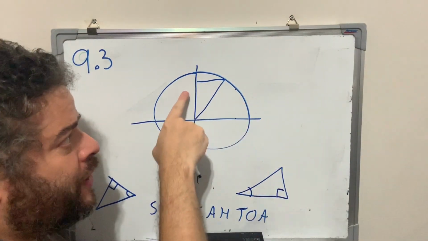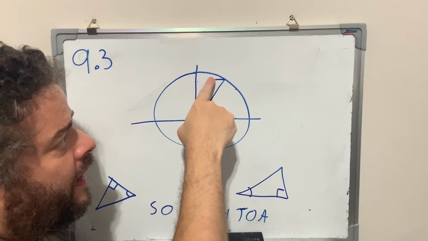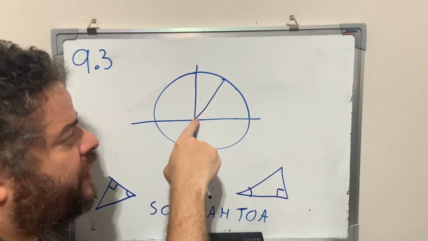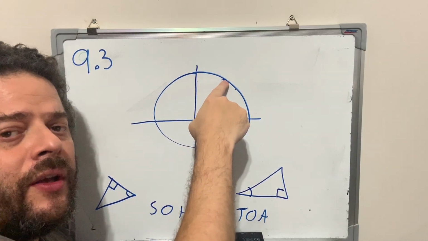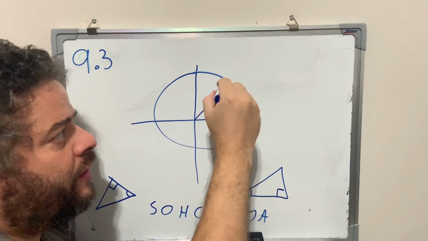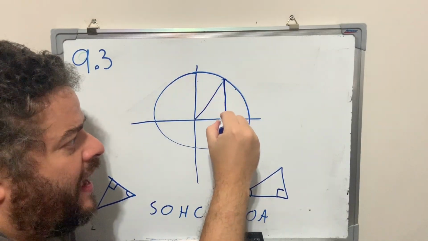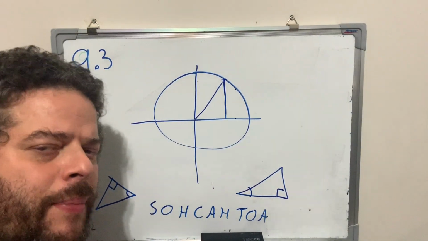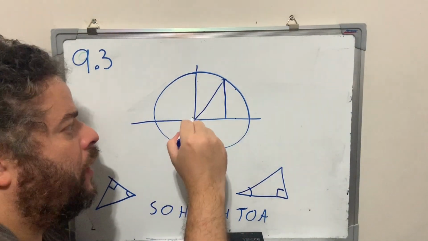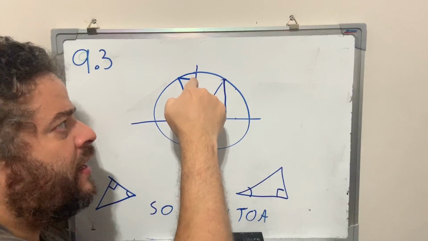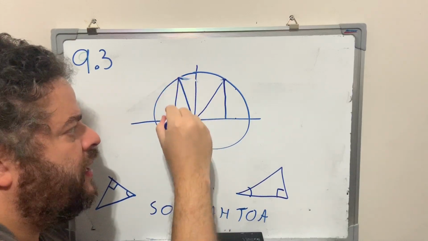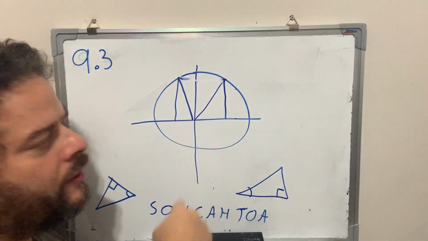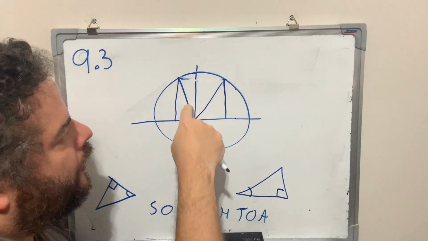We always go from the center to the circumference of the circle, and then to the x-axis. Always. There will never be a situation in which you do a triangle with the y. Never. It's always with the x. Looks like a little face, but bueno.